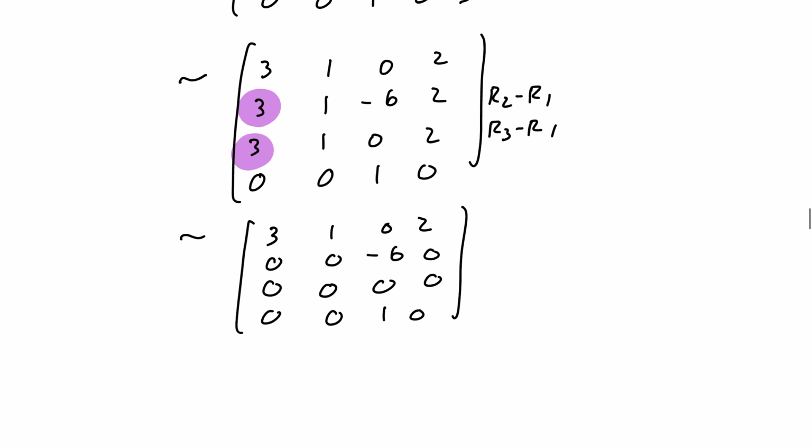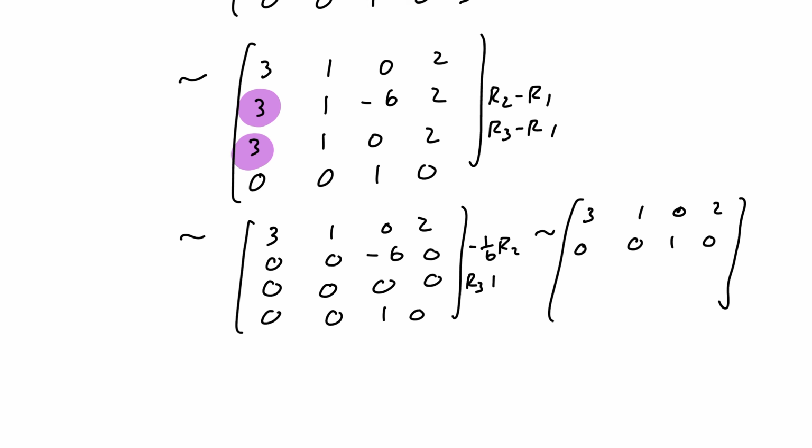So continuing on here, I can quickly go ahead and take negative 1/6 row 2, and I get 0, 0, 1, 0. I'm also going to take row 3 and interchange that with row 4.